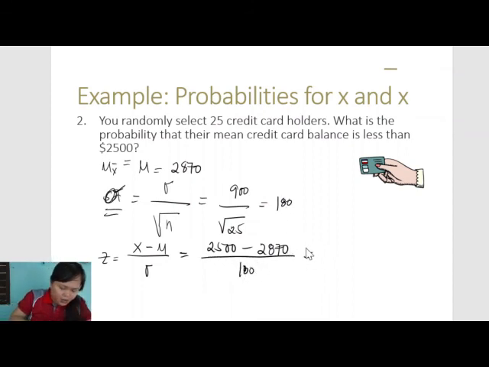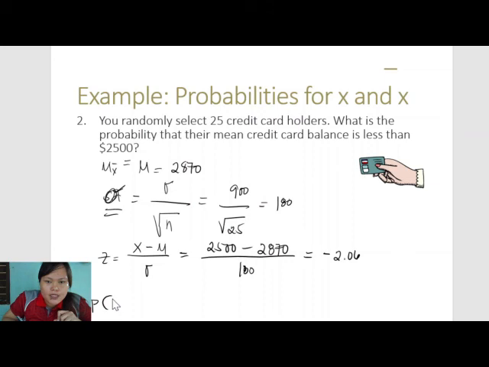That would be negative 2.06. Negative 2.06.